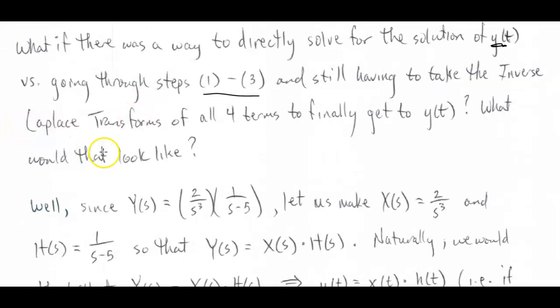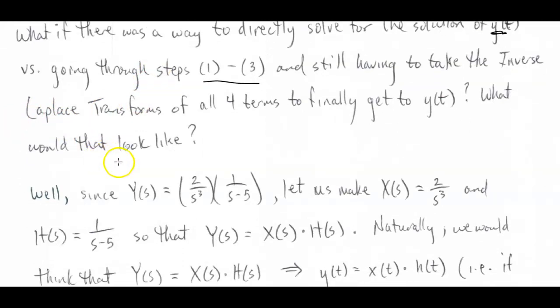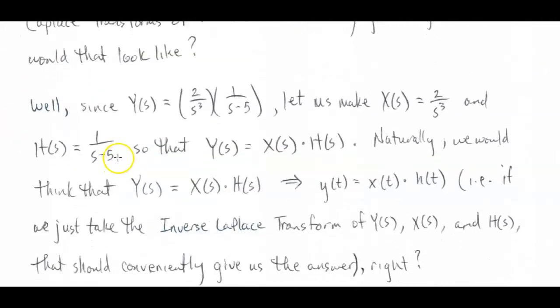So if we did that, what would that actually look like? Well, let's see. We know that big Y of s, which is the Laplace transform of our actual solution to the equation, can be written in this way here. Let us make x of s equal this particular rational expression, and let h of s equal the other, so that now we have y of s equal to x of s times h of s.